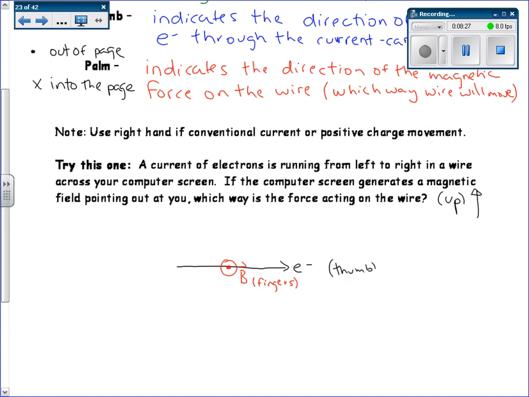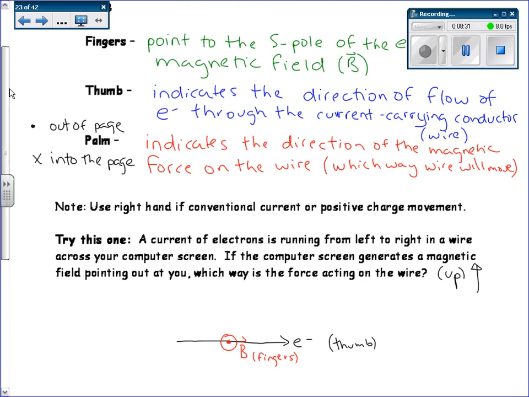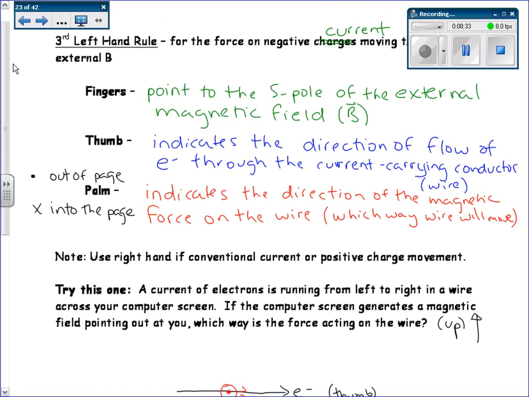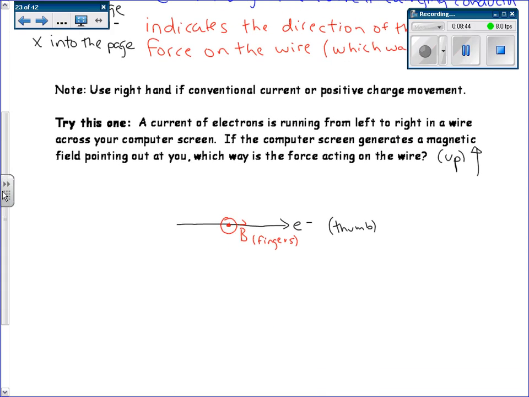I've always been writing that your fingers point to the south pole of the external magnetic field, so that's the direction of the magnetic field. Remember that magnetic field points from north to south. That's the other way of saying that, because we're not told north to south here, nor are we given an arrow. We're just told it comes out of the page. So then for the force, if my thumb points to the right-hand side of the page, my fingers point back towards me, then my palm is pointing up. So I get a magnetic force going up.